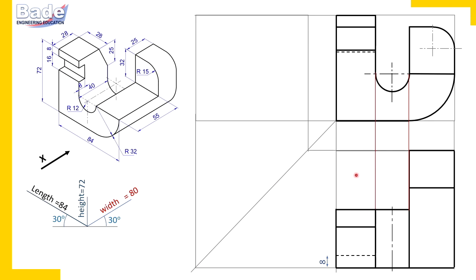Now, side view. Actually, in the question paper, side view was not asked, but we are completing it because we are simply having practice. So let's proceed. From side, this surface is nearest to the observer, so let's draw this surface.